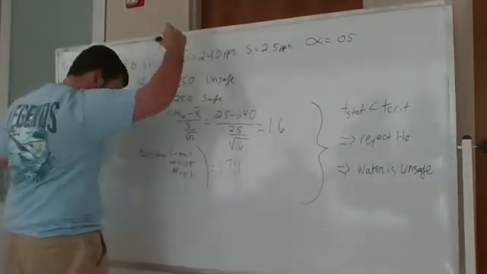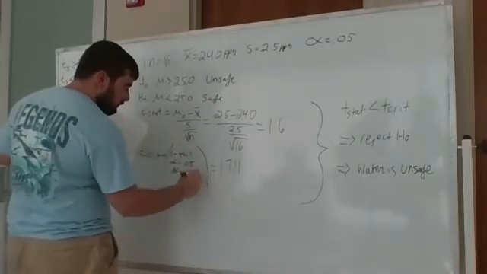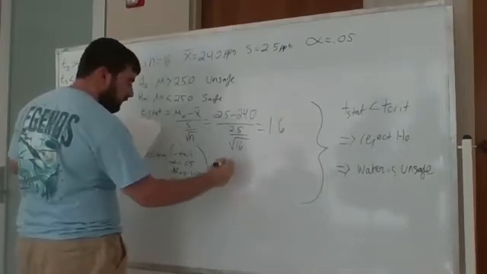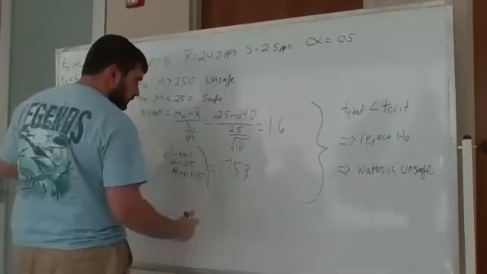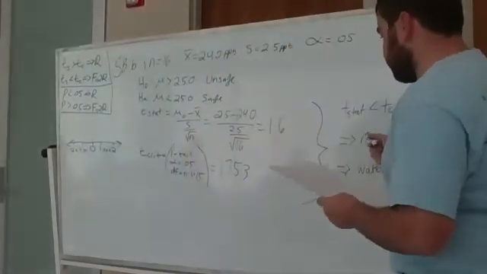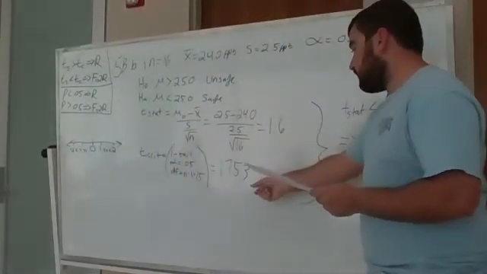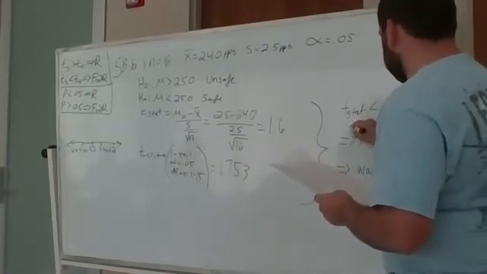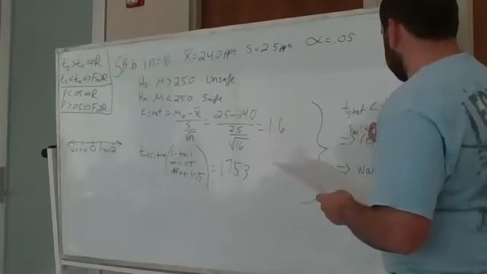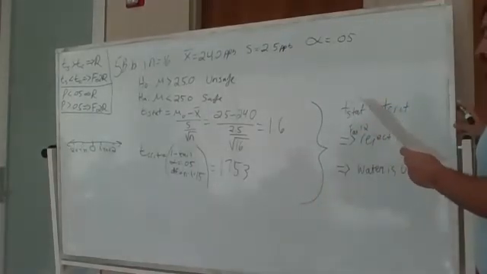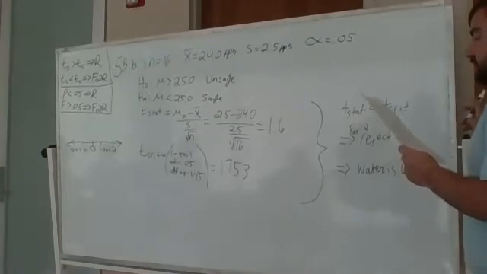So that changes this value to 1.753. And in this sense, our T stat is less than our T critical. So we would fail to reject the null. So we would say that the water is unsafe.